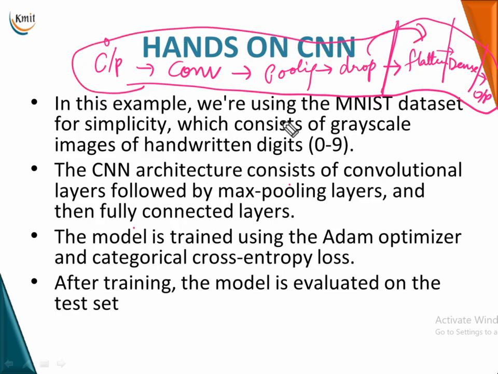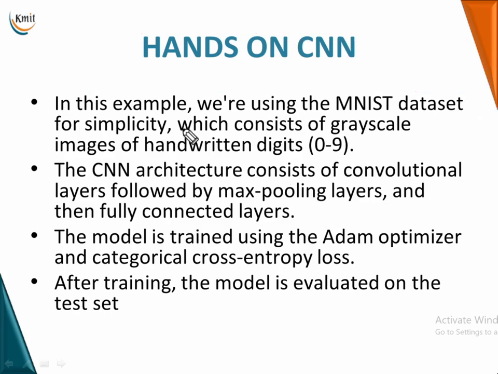So let's now take up a simple hands-on exercise on a very basic convolutional neural network. I'm going to use the MNIST data set for simplicity, and it consists of grayscale images of handwritten digits 0 to 9.